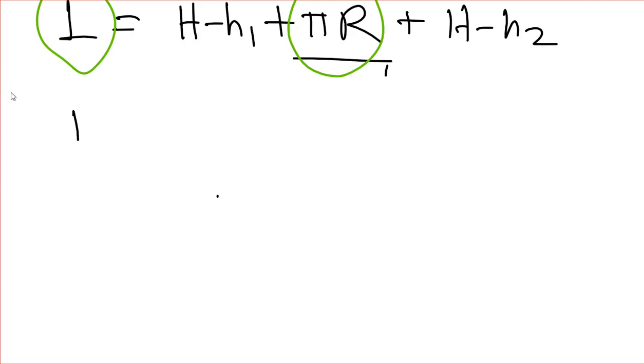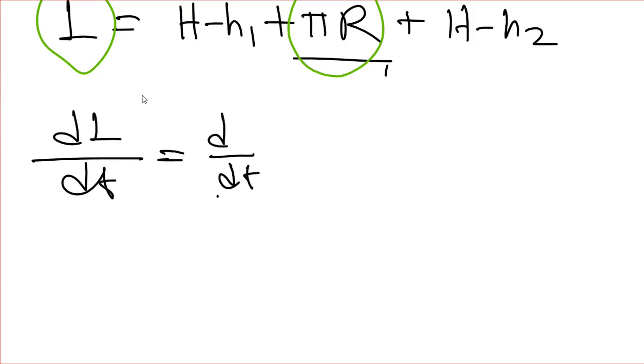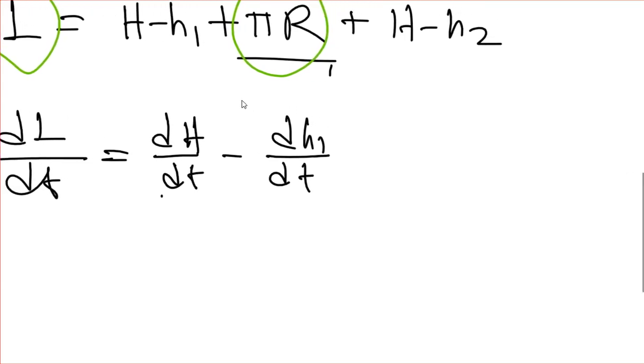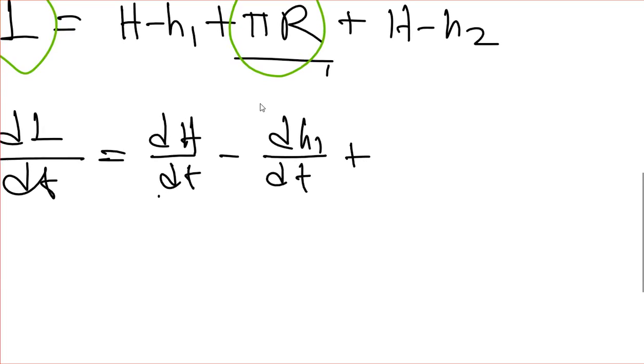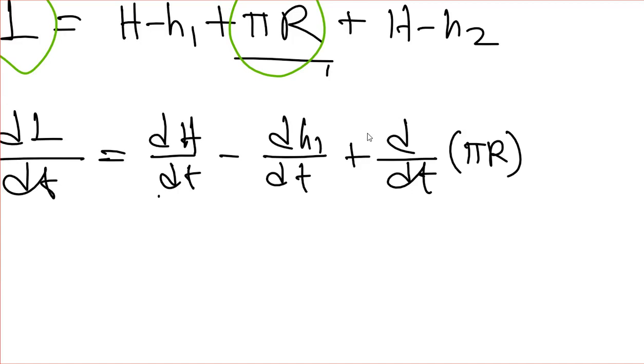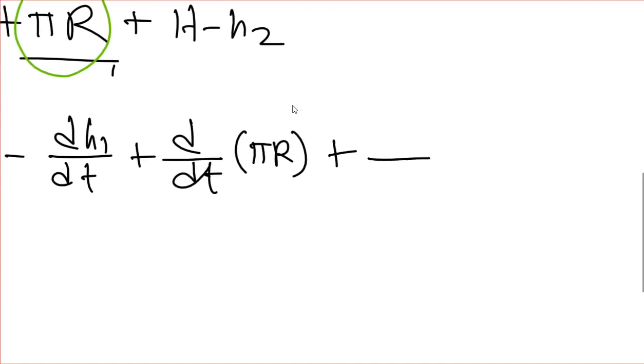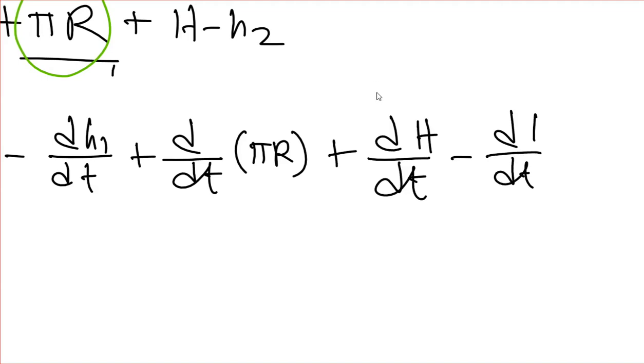If we differentiate both sides with respect to time, dL/dt equals d/dt of H minus d/dt of h1, plus d/dt of pi r, plus d/dt of H minus d/dt of h2.